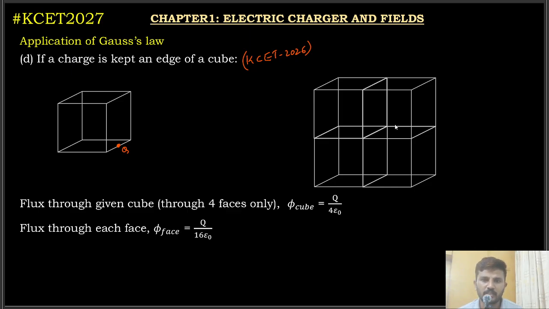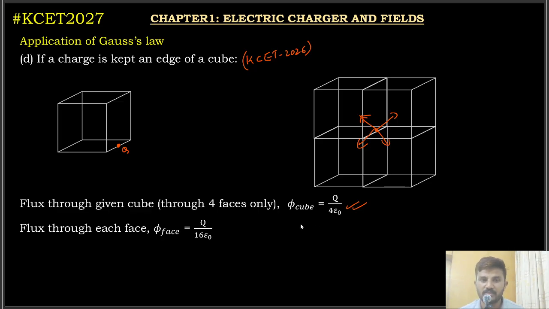Since to this edge we can attach, look at this, 3 more cubes, that means the flux gets distributed to 4 cubes. So the total flux is q by 4 epsilon naught, but through each cube the flux will be divided by 4. I mean 1 by 4th of the flux goes to one cube, so we have to divide it by 4.